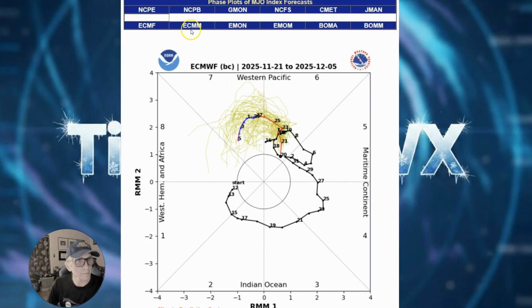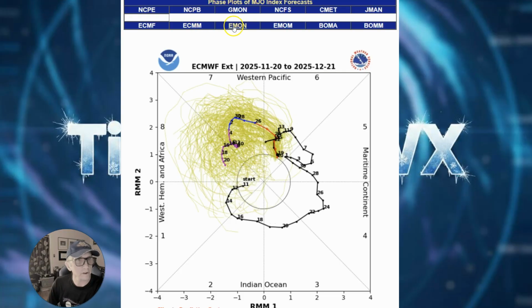So ECMM is a bias corrected run of the European. It shows roughly the same thing, although it's not extended. EMON, medium range, okay, the 20th of November through the 21st of December.